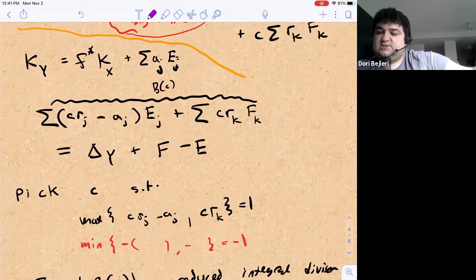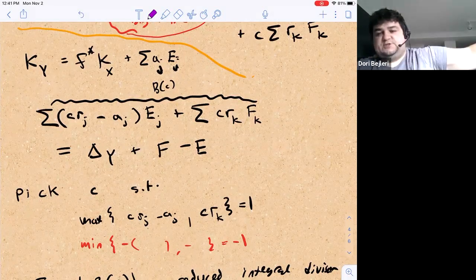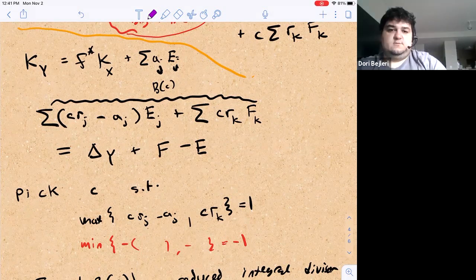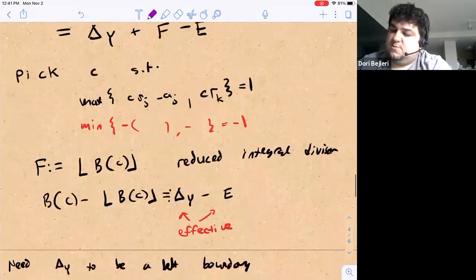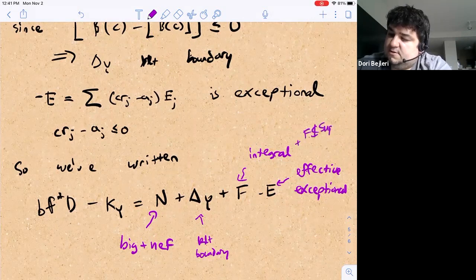So the ej's and the fk's don't share components. When we split it up in terms of things with coefficient exactly 1, things with coefficient less than 1 but bigger than 0, and then things with coefficient strictly less than 0, there's no components shared between them. So this is integral, and f is not contained in the support of delta y.